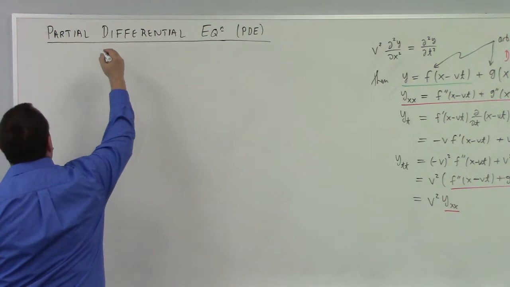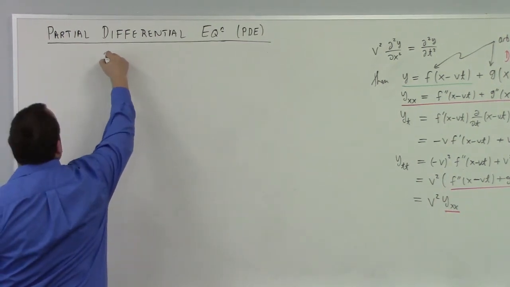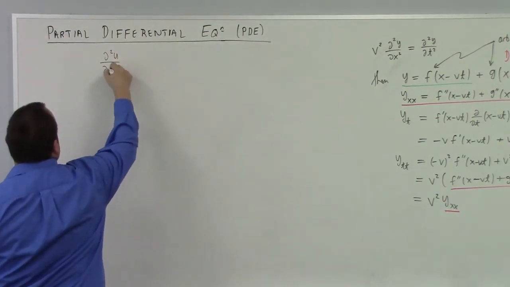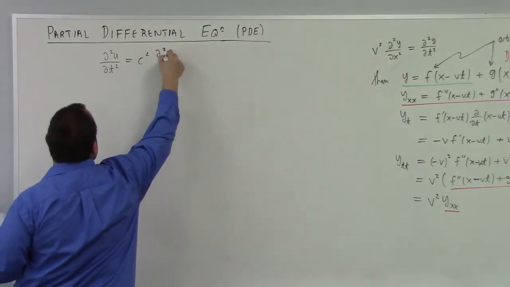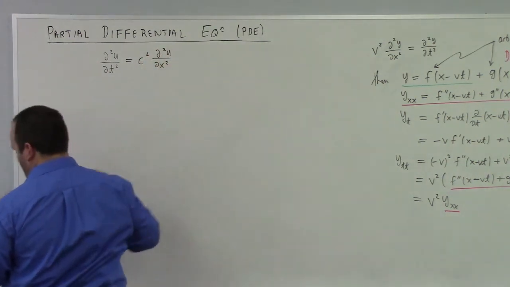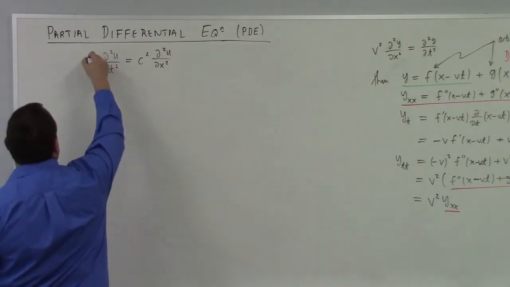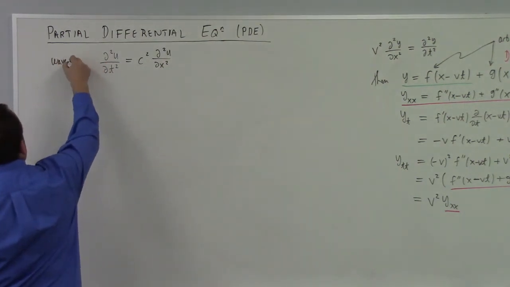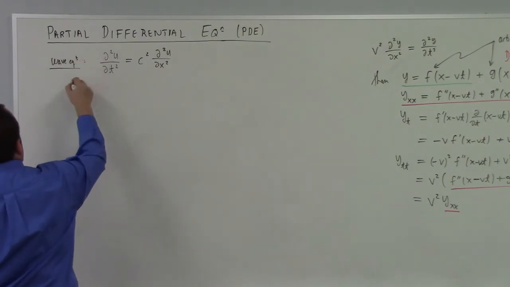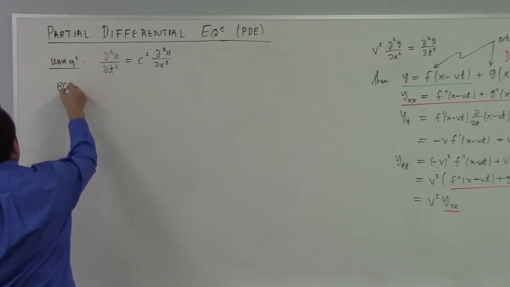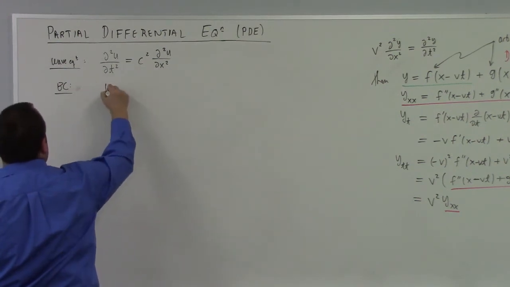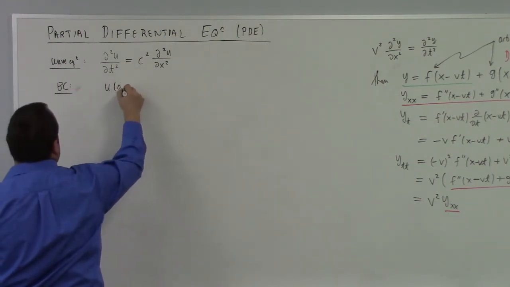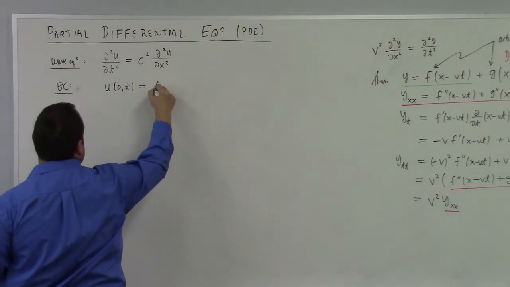But here's the PDE, the wave equation, one-dimensional: partial squared u partial t squared equals c squared partial squared u partial x squared. C is obviously the wave speed. And here's your boundary condition: u of 0 comma t equals f of t.